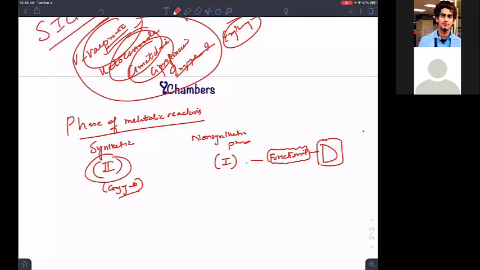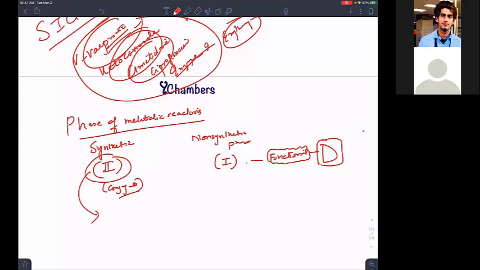But phase 2 reactions always make the drug water soluble. That means lipid, it is making the drug lipid dash.